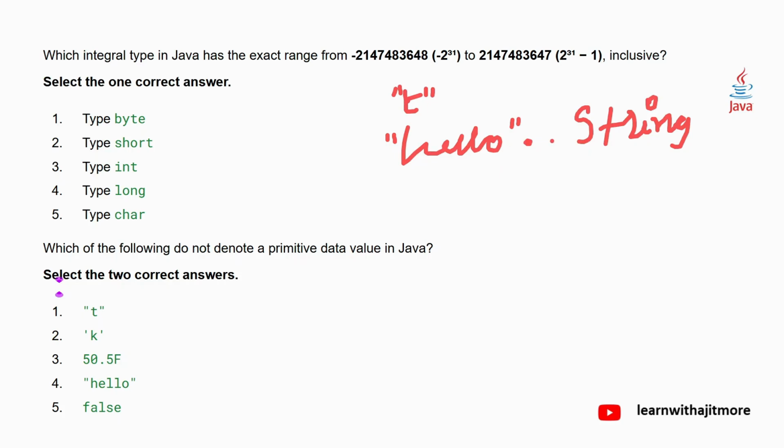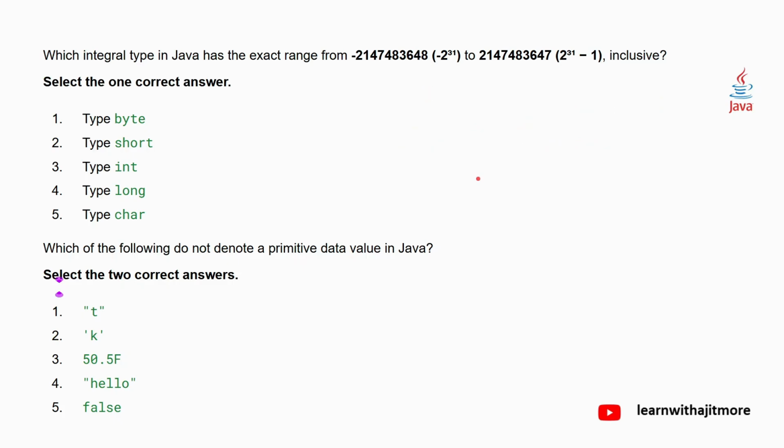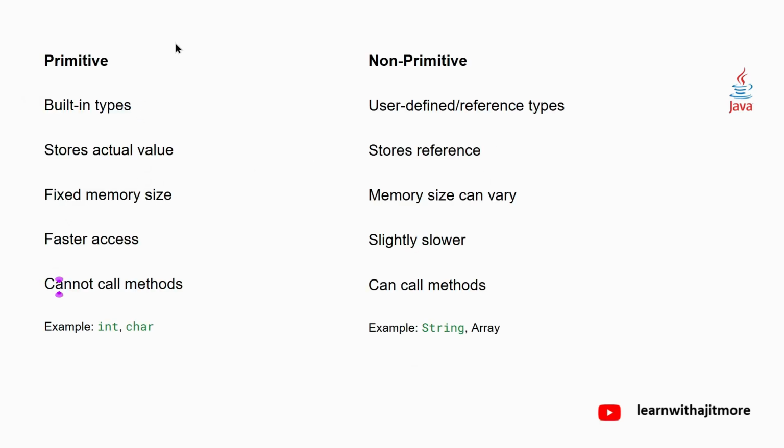Here I can write dot length. So you can call methods only for non-primitive. Can I call such methods for primitive? No. In the last session, we did the comparison between primitive and non-primitive, guys. Don't forget it. When we did the comparison, I told you that you cannot call methods for primitive, but you can call methods for non-primitive because they are objects.